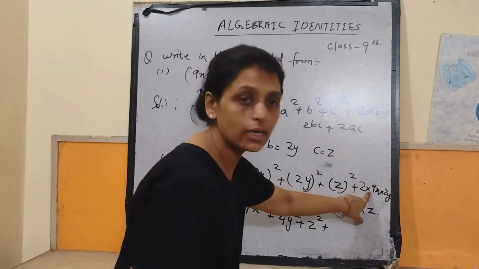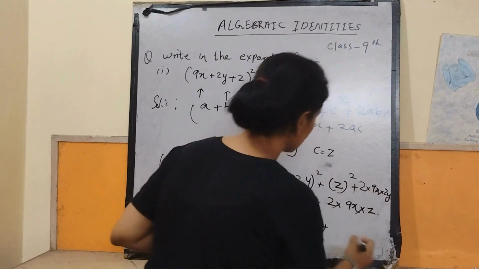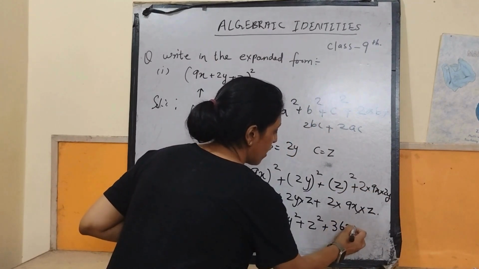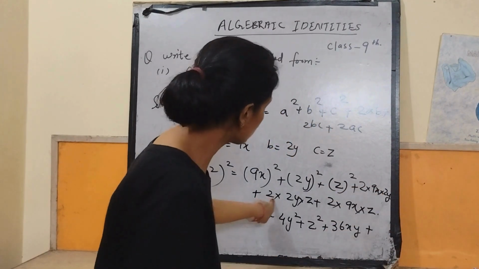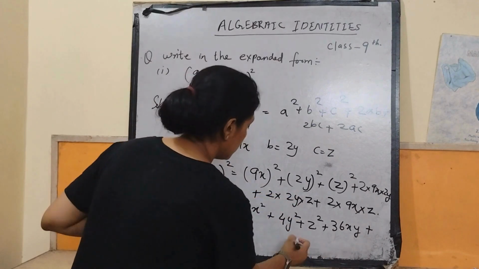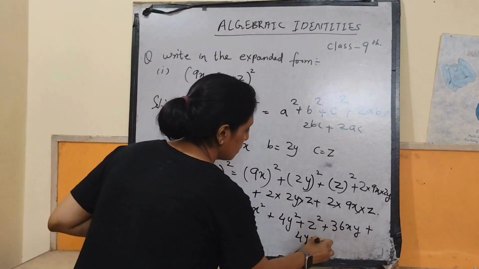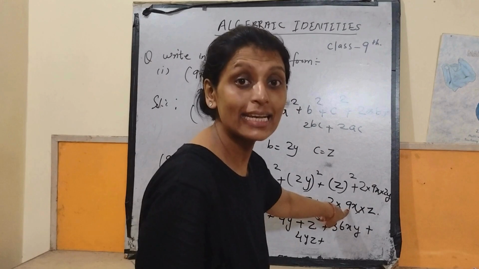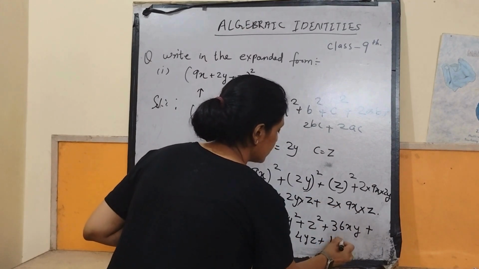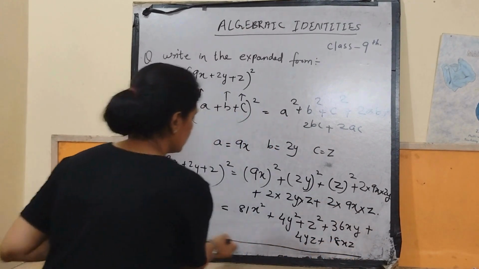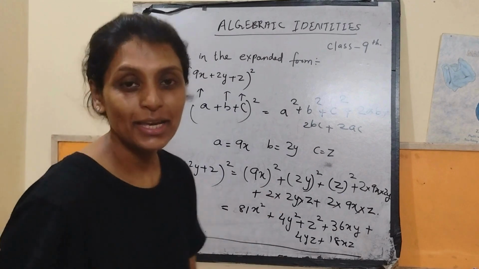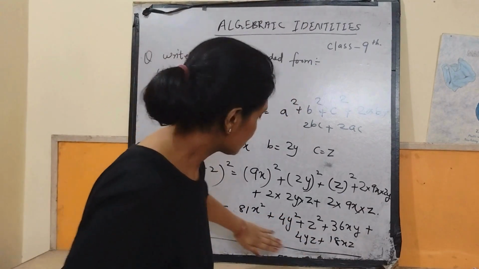Now 9 2s are 18, 18 2s are 36xy, plus 2 2s are 4, so 4yz, plus 9 2s are 18, and 18xz. So here the expansion is done.